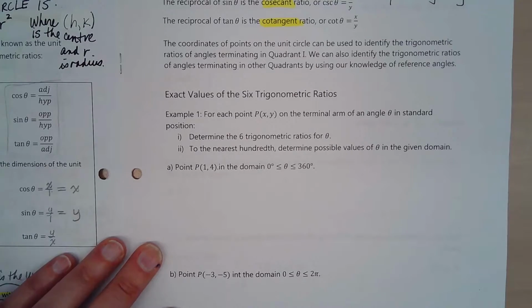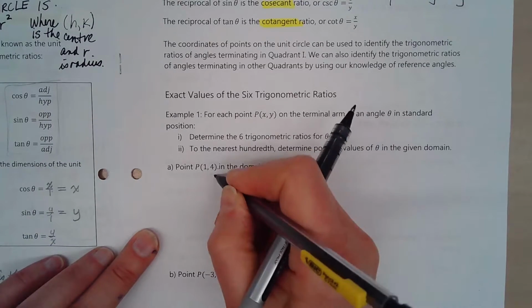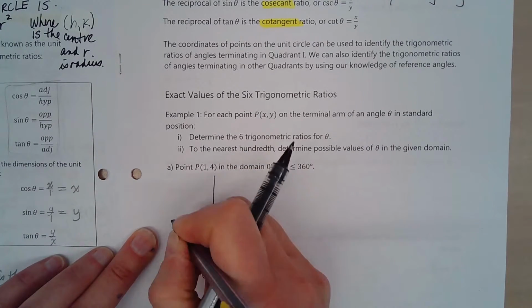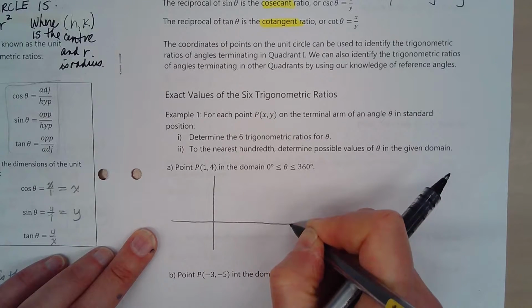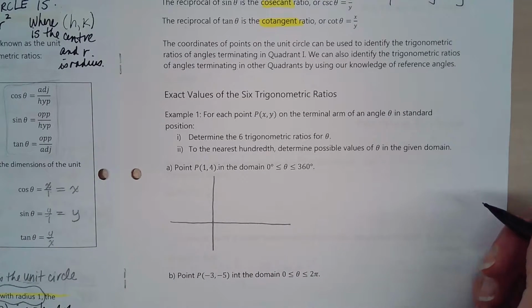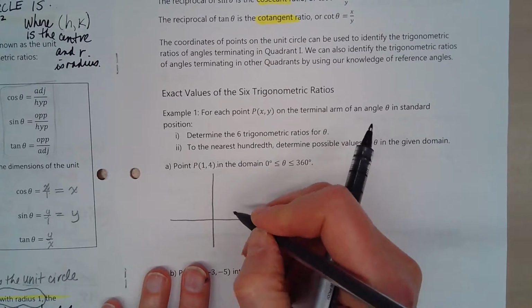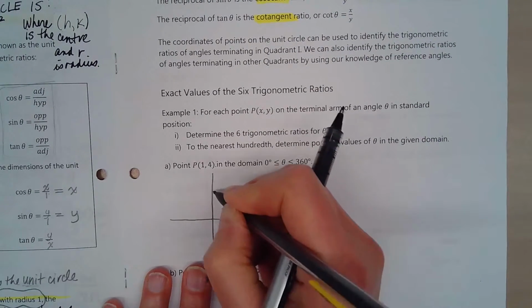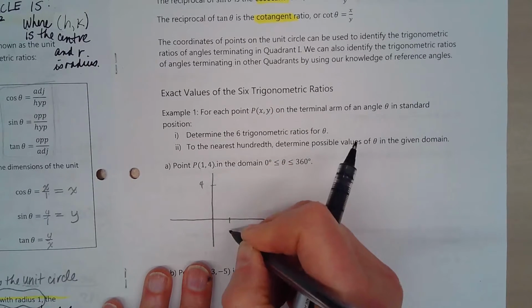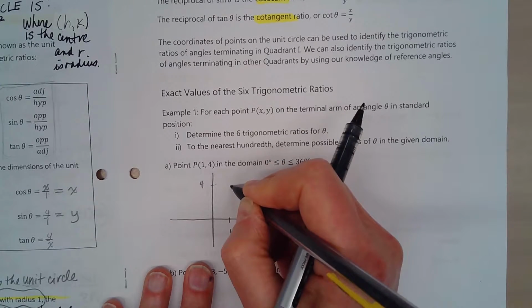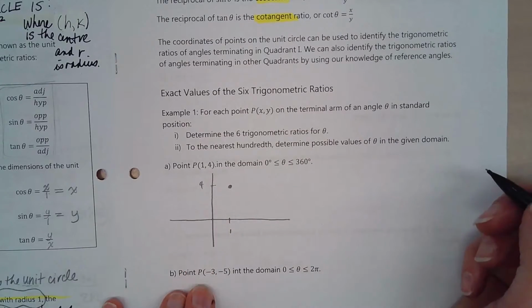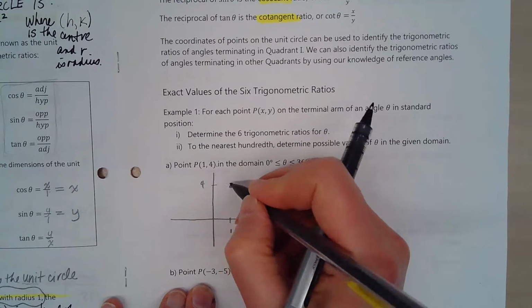So the first thing I would think is, I would do a quick sketch here. So it sort of looks like that first example we saw. What quadrant is 1, 4? First quadrant, right? So it'd probably look like, I don't know, this is 1 and 4. Okay, so here's my point, right? Okay, so this is point P.